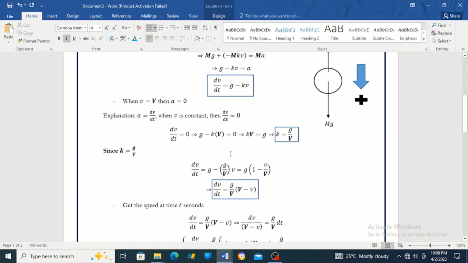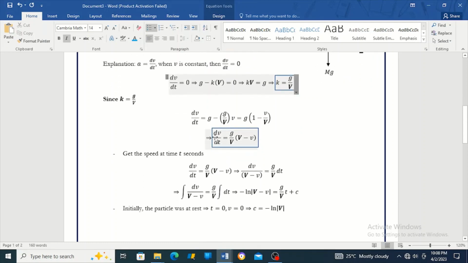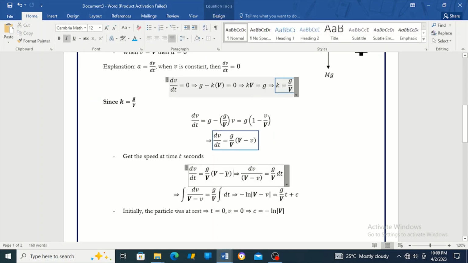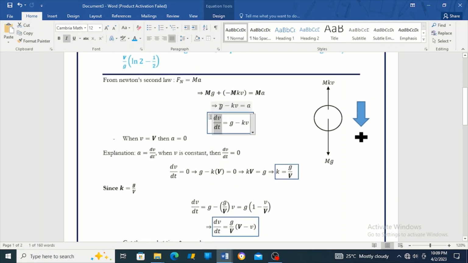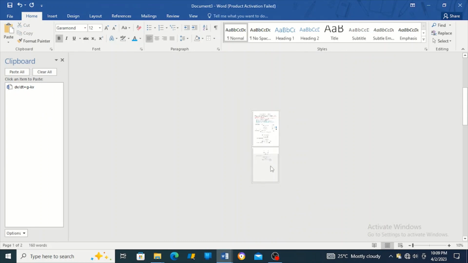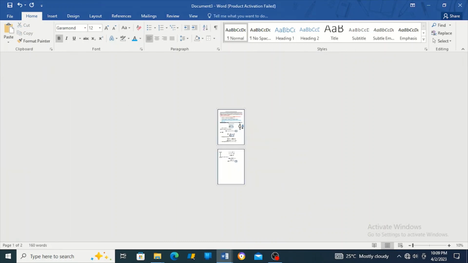So we are going to come back to our differential equation, which is this here, and we rewrite it. So our dv by dt is equal to this. We are going to use that. Okay, sorry for that.